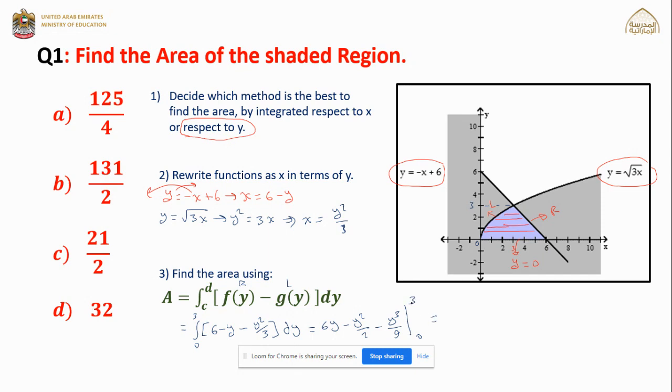Now I will substitute the 3 in terms of y, so it will give me 6 times 3 minus 3 squared over 2 minus 3 cubed over 9. You can use your calculator. You will find the number is 21 over 2. Now substitute 0, it will give you 0, so the final result is 21 over 2. So the correct answer is number C.